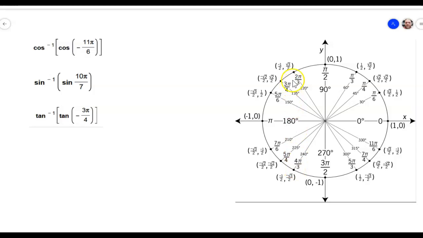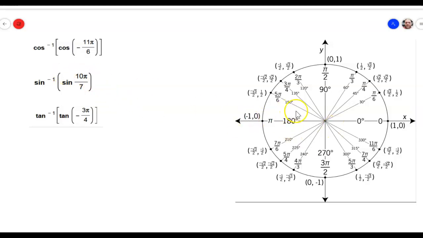And it doesn't really know which one of these angles to give you back because there's two of them, right? There's 2 pi over 3 and 4 pi over 3. So for inverse trig functions, we've had to set a domain. We've had to make these one-to-one functions by creating a domain of just half the circle.